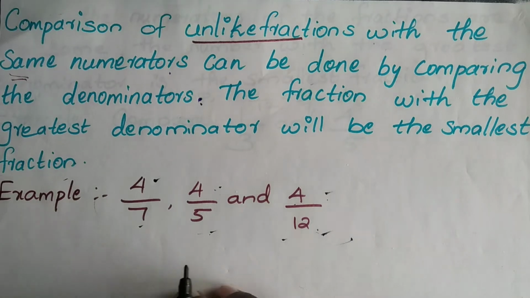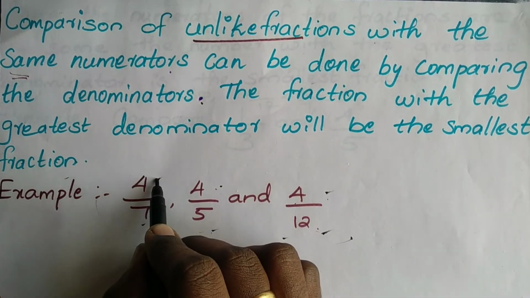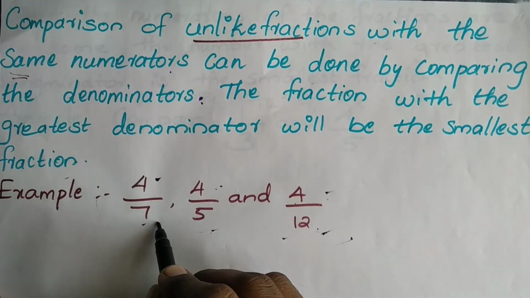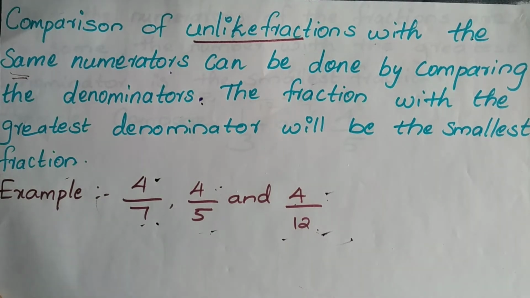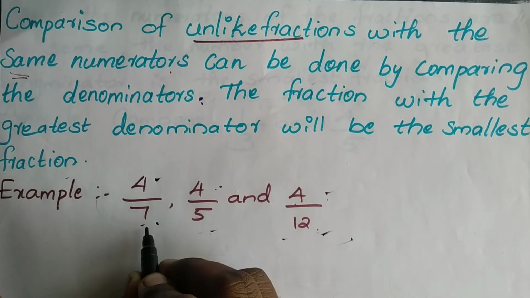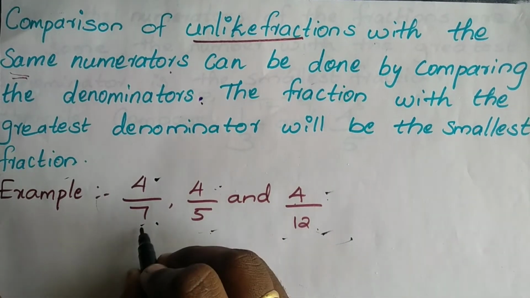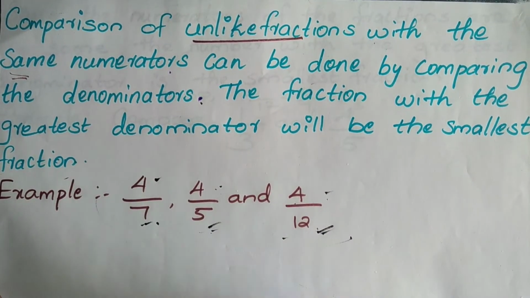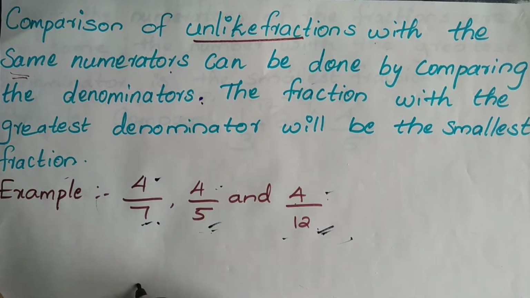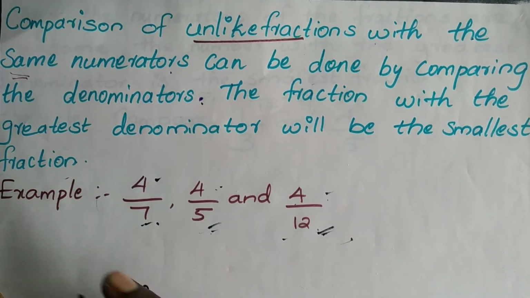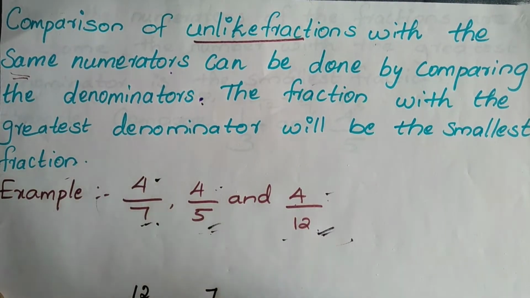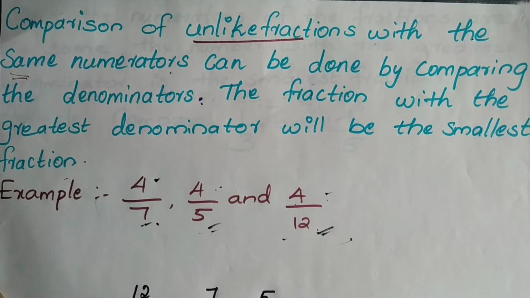If the numerators are the same and the denominators are different, how do we find the smallest fraction? Among the denominators 7, 5, 12, which is the biggest number? 12 is the biggest number. Next biggest is 7, next 5.